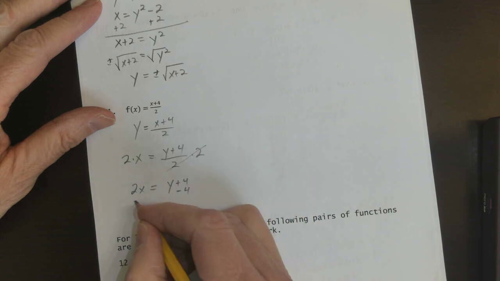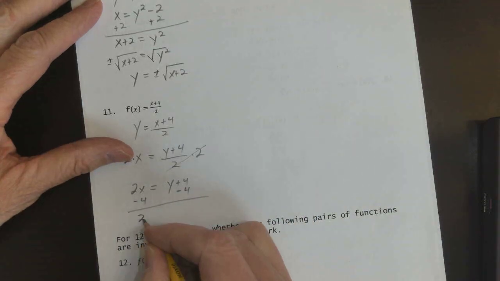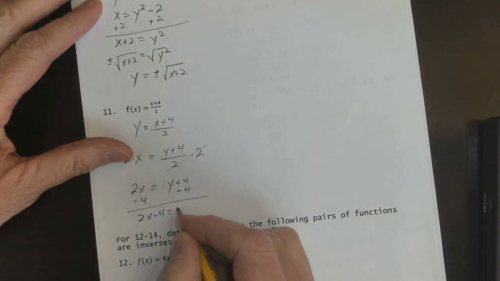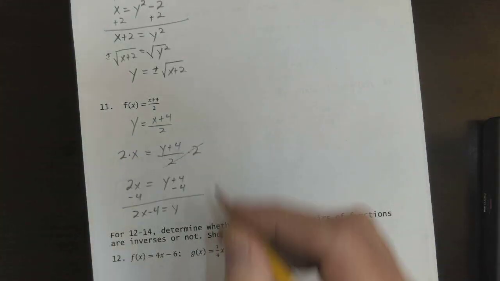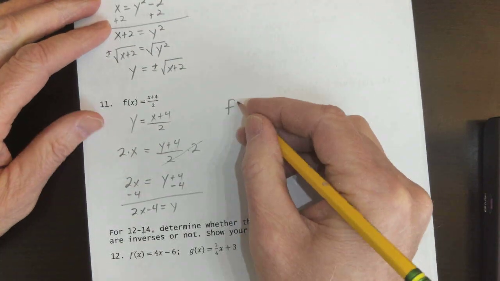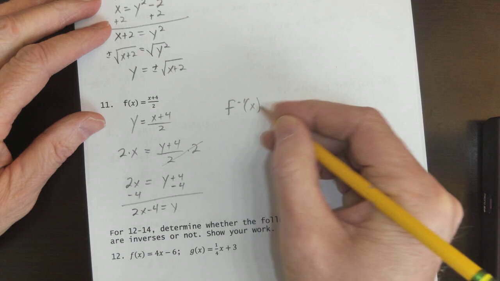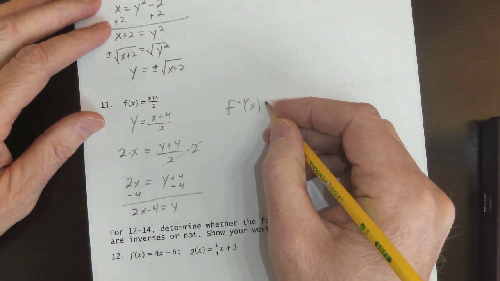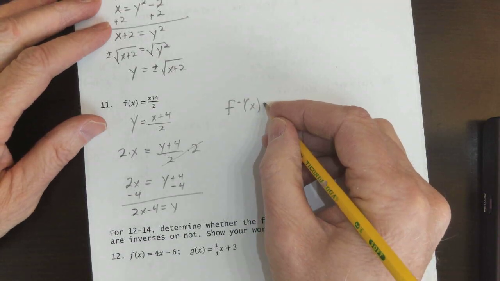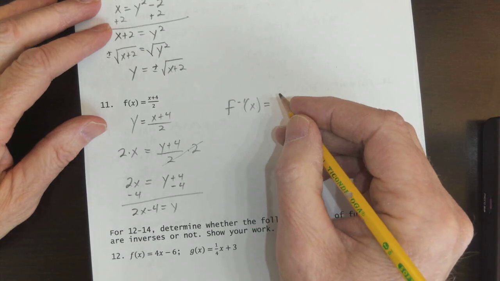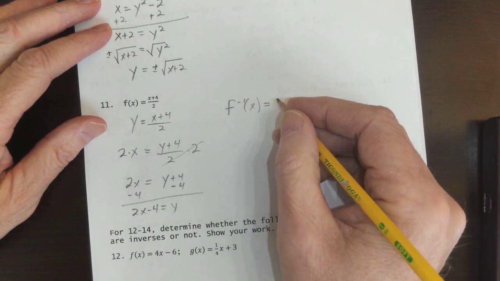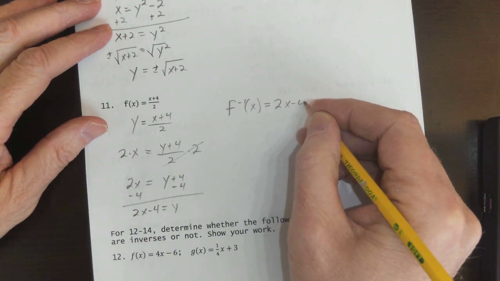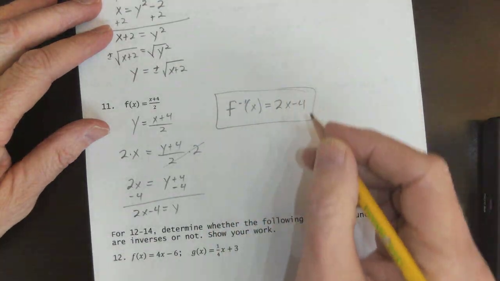I'm subtracting 4. I have 2x minus 4 equals y. Alright, I'm going to use inverse function notation. Inverse of function x is equal to 2x minus 4. I kind of stumbled over the words there.